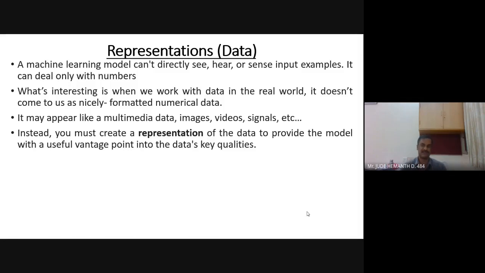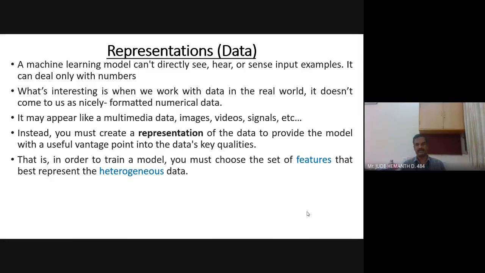If you have observed, when you take some application, maybe face recognition, it will be in the form of an image, but you cannot paste an image into a computer. You have to write a model where the model is going to accept numbers from the images. How do you do the transition between that specific data and numbers? That is called representation.